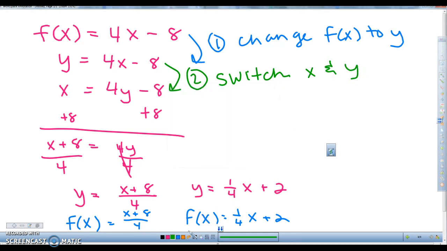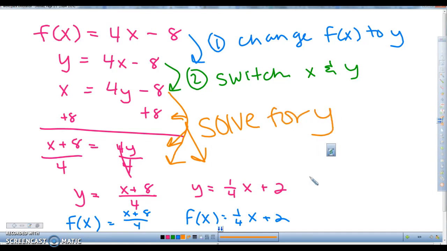And then my last thing I did, going down through all these steps, was to solve for y. Get y by itself. Okay?